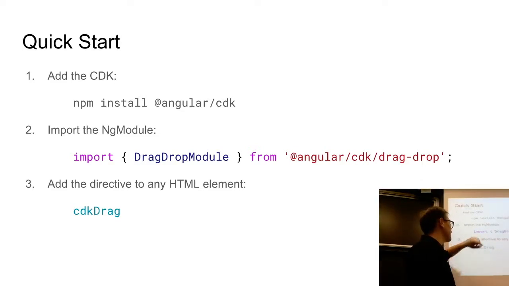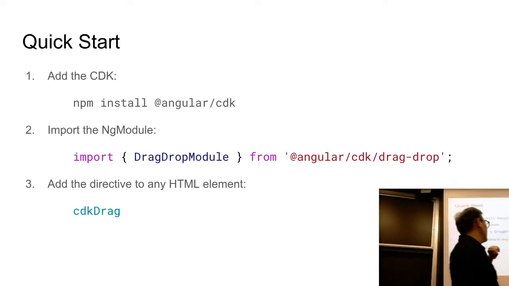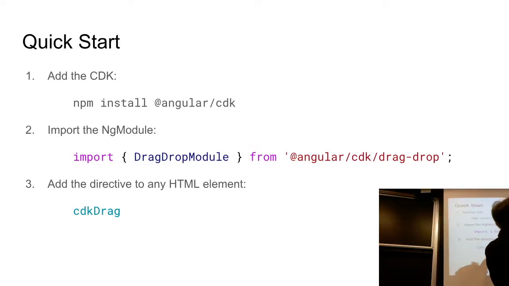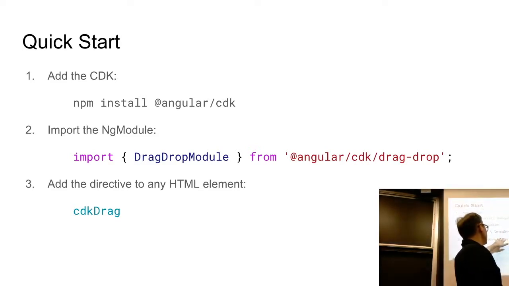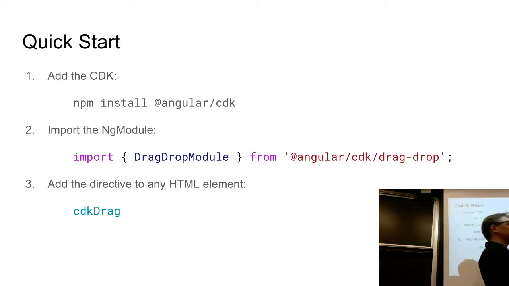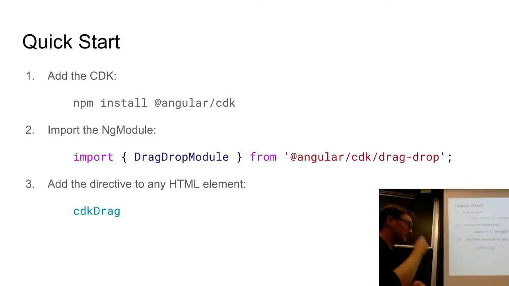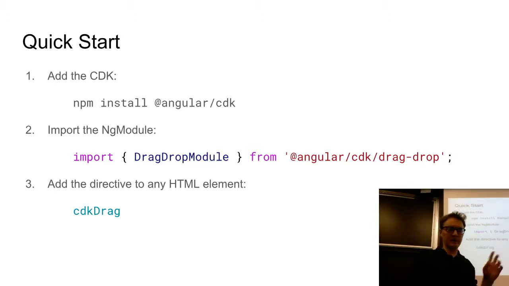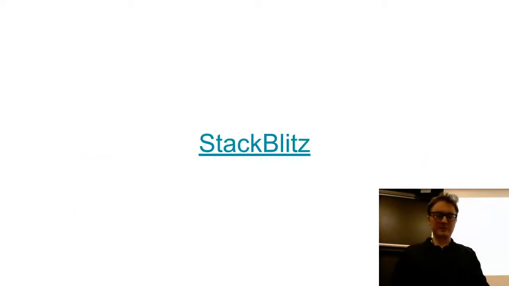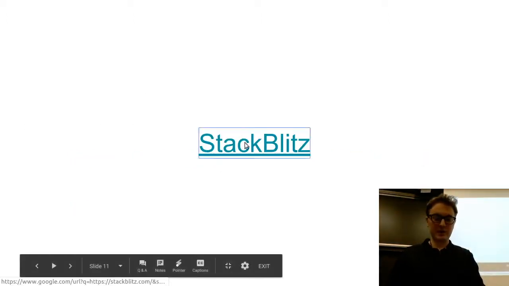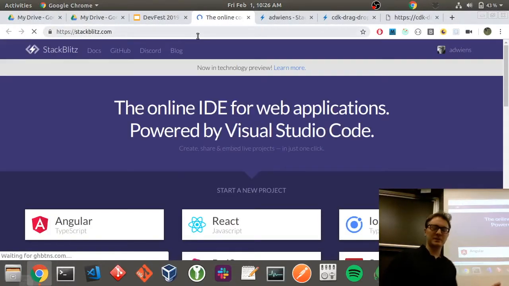If your Angular application is split into multiple modules, you can bring it into just the module where you need it. Because Angular Material and the CDK split all the features into individual modules, you can pull in just the drag and drop part, and then add the directive to any element that you want. I'll go ahead and briefly show how to do that with Stacklets.